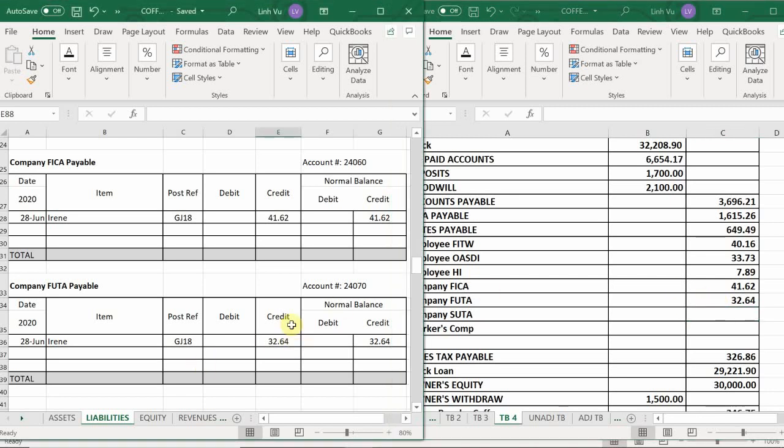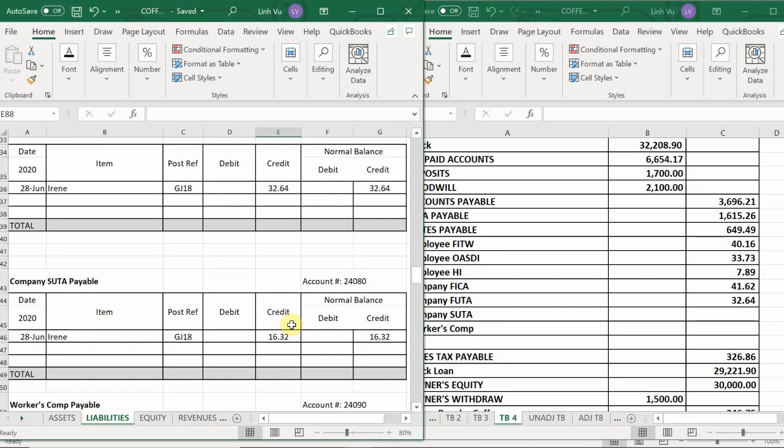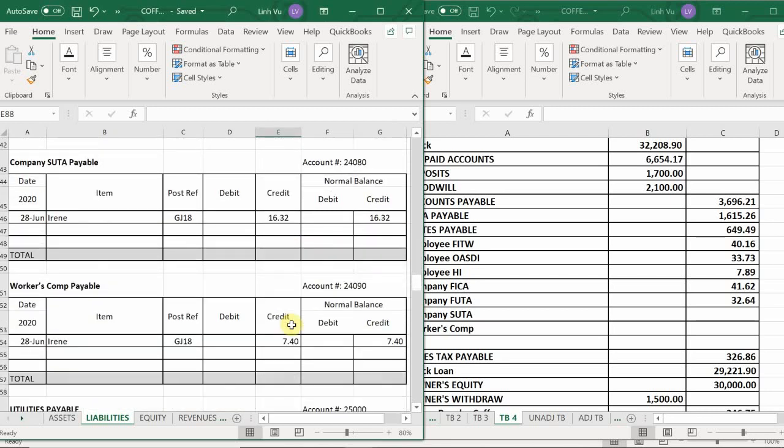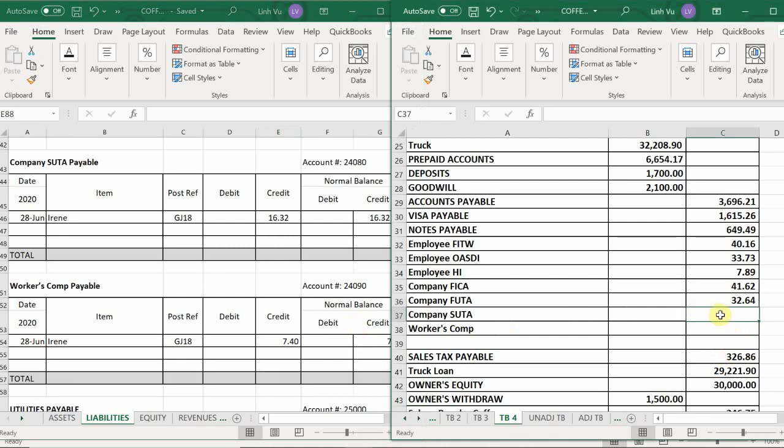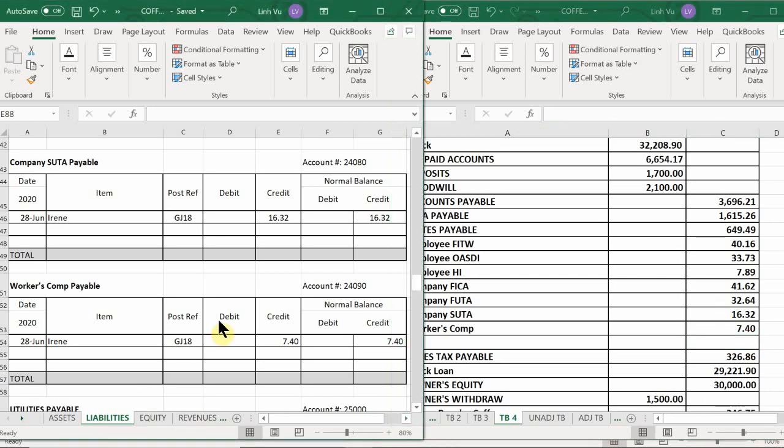Correct. Then we have SUTA, 16.32. And last but not least, we have workers' comp, $7.40.